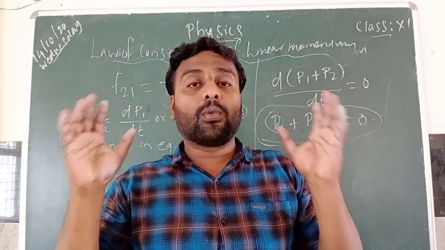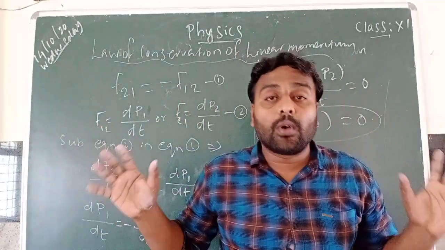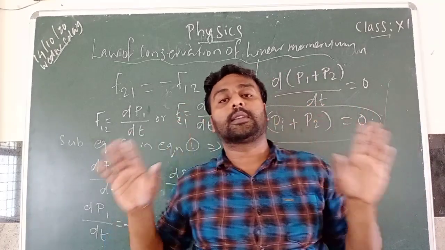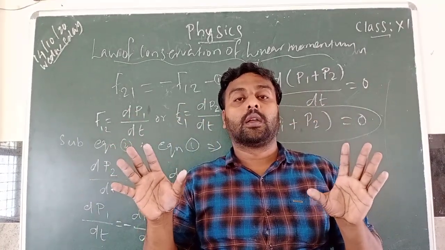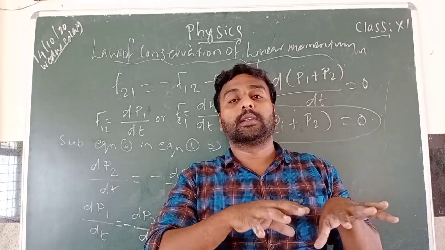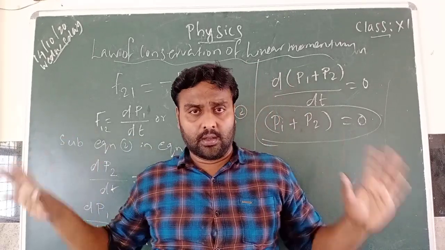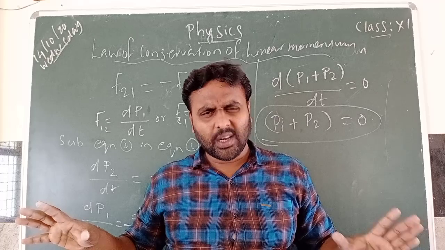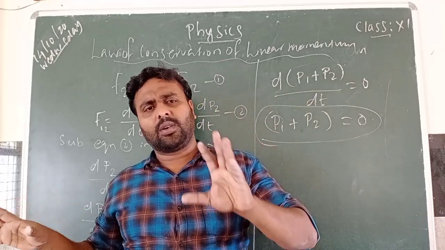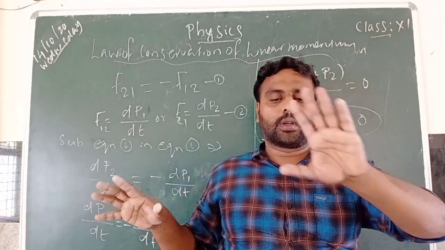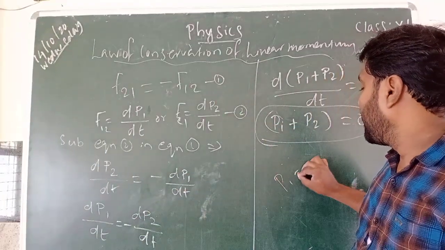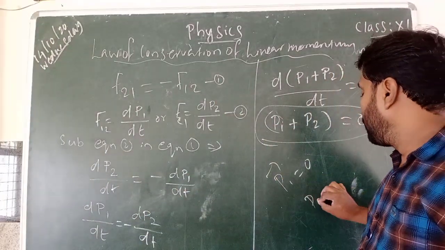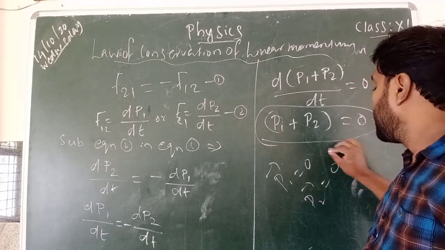Before firing, the gun is at rest. Gun at rest means the total linear momentum of this system is initially zero. So for P1 plus P2, the total linear momentum, P1 is equal to 0 and P2 is equal to 0.